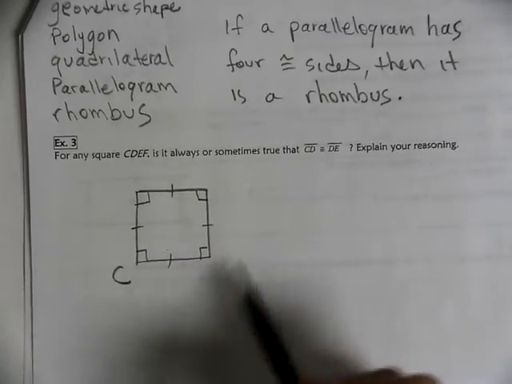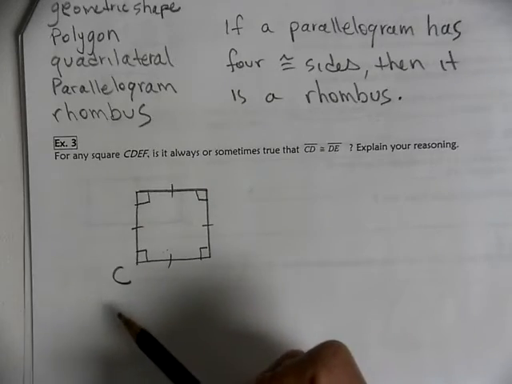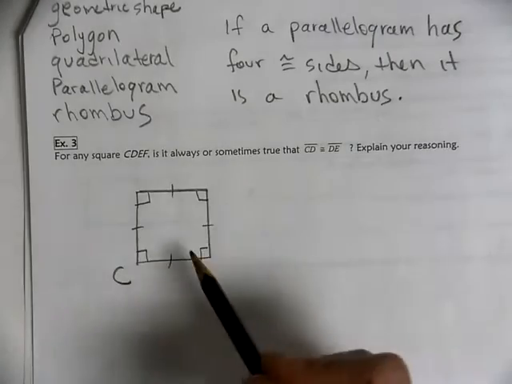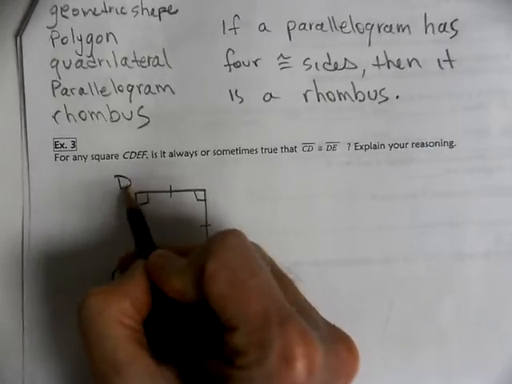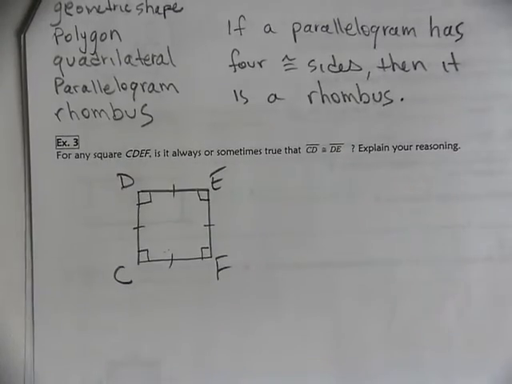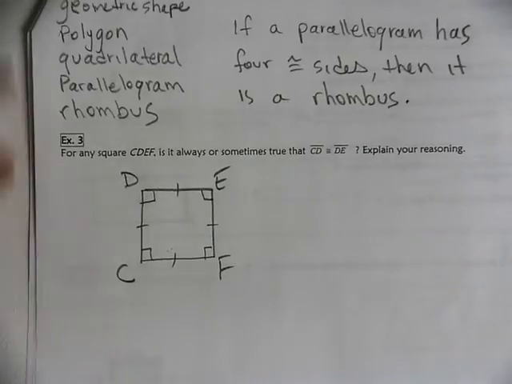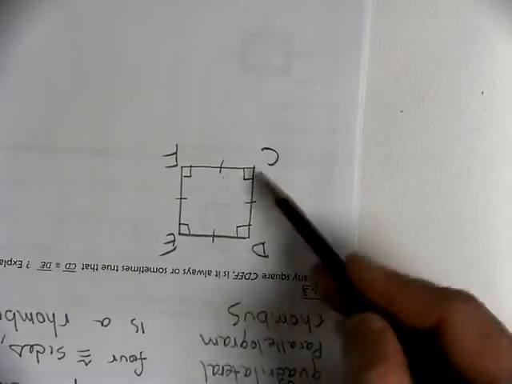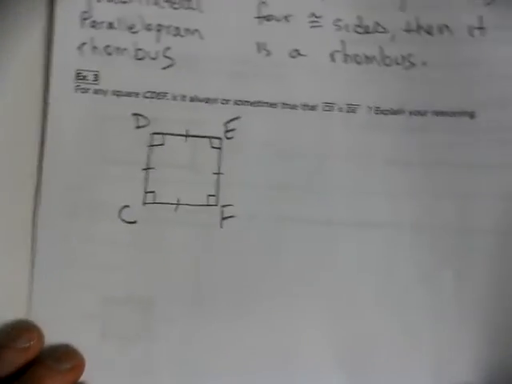It's got to go around in consecutive order. I typically go clockwise when I do this. So C, D, E, F. It doesn't matter where you start the C. If you start the C in this corner, the E is still across from it. Or if you start it in that corner, it's still across from it. Doesn't matter where you start it from.